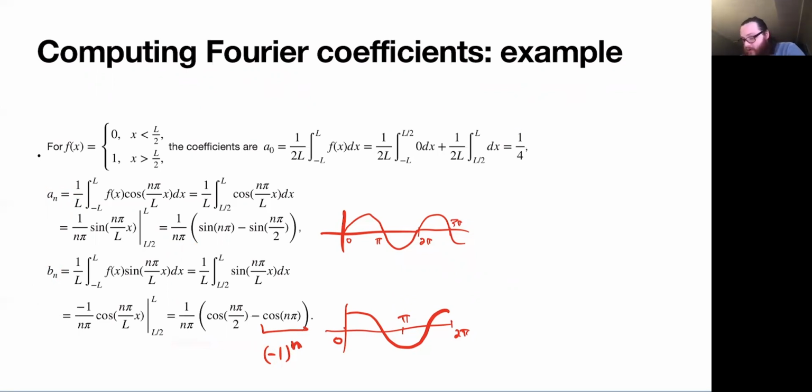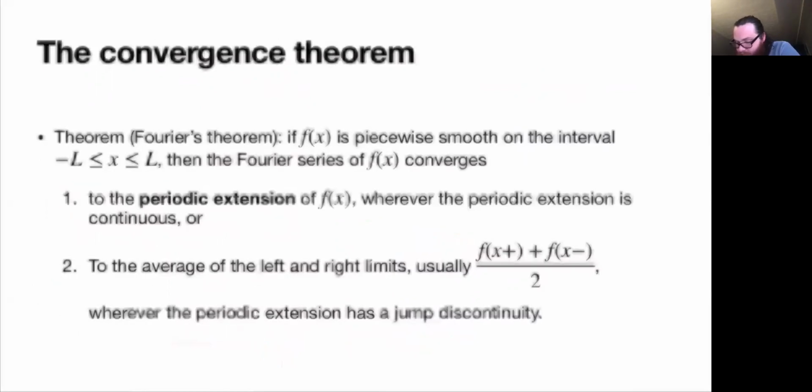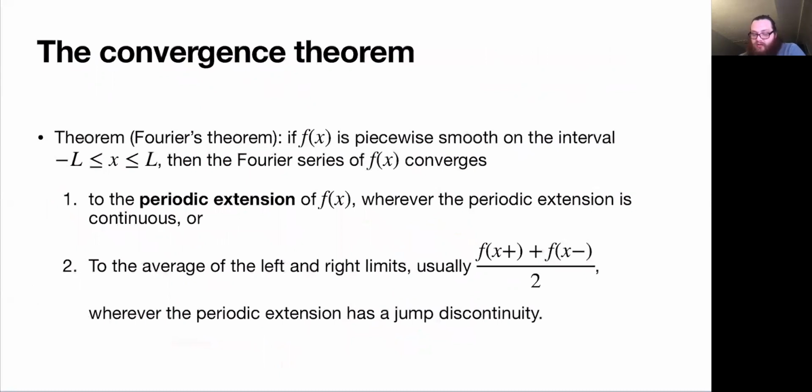Cool. So the main takeaway from all of this is the convergence theorem, which says, great, we have a function, it's piecewise smooth, we can compute its Fourier series. When is the function f of x equal to its Fourier series? Well, the periodic extension of the function is equal to the Fourier series wherever the function, or its periodic extension, is continuous.